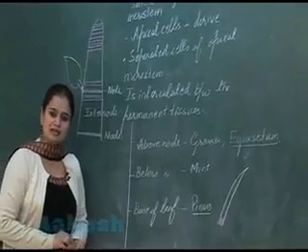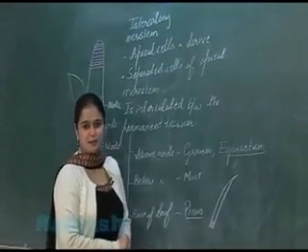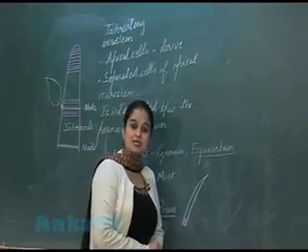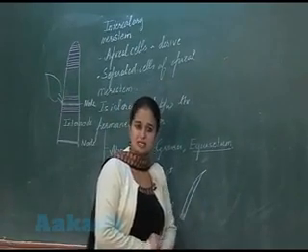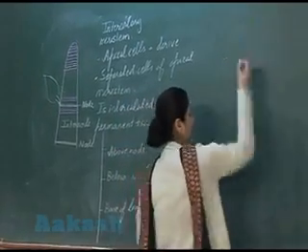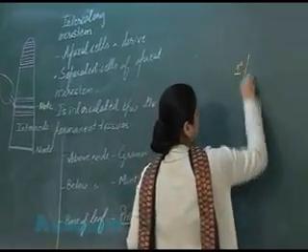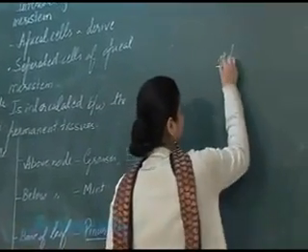Now, intercalary meristem, surely it is a primary meristem. It is derived from apical meristem, which is primary in origin. So surely it is a primary meristem.